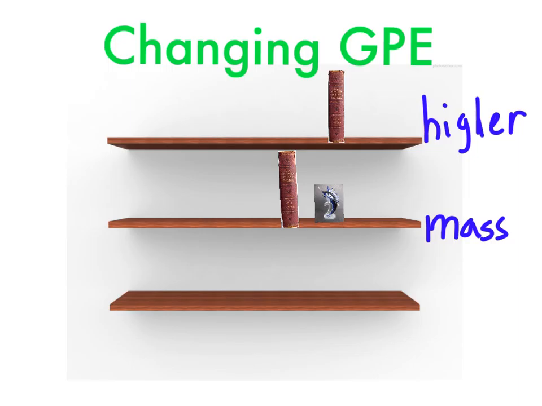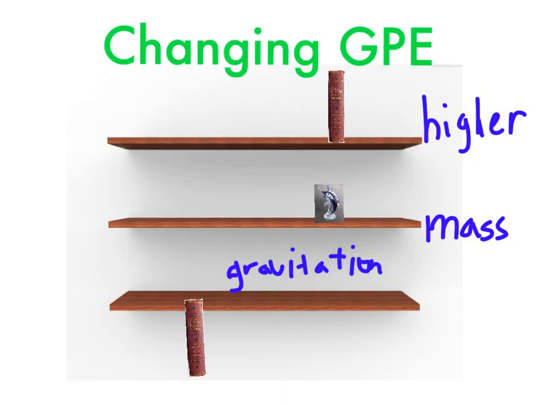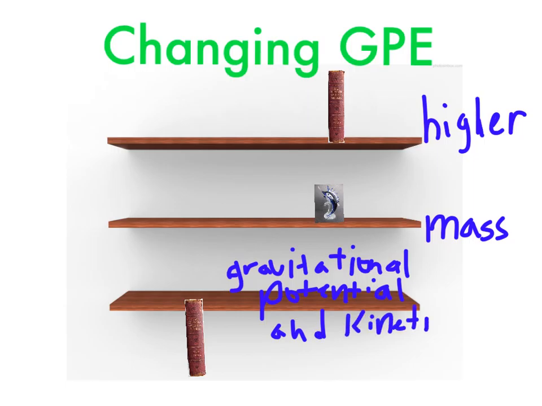Letter C says falling objects. So when these things fall off the shelf, they have gravitational potential energy and kinetic energy. So you should write this whole thing out there. They have gravitational potential energy and kinetic energy.